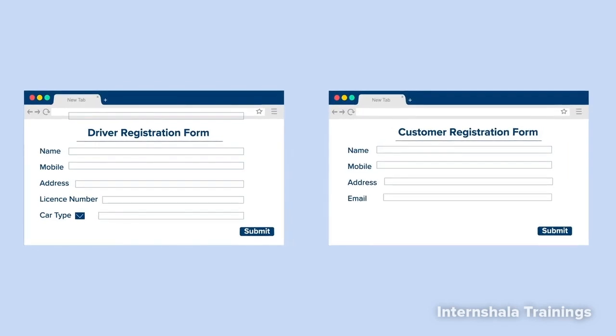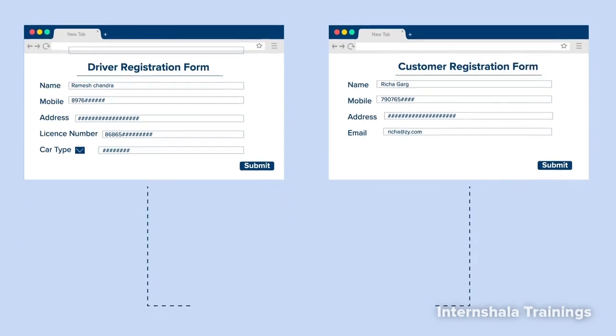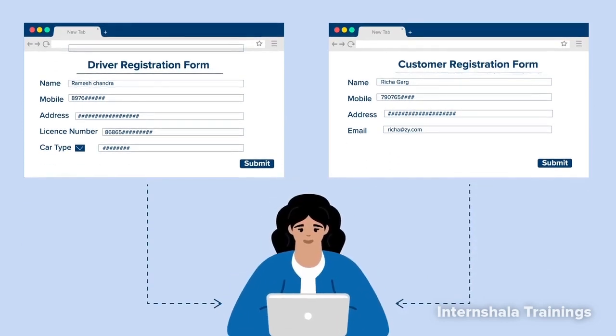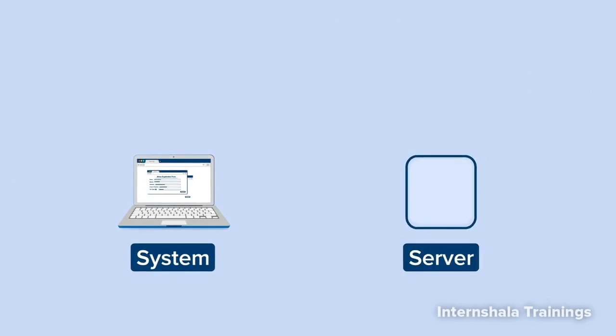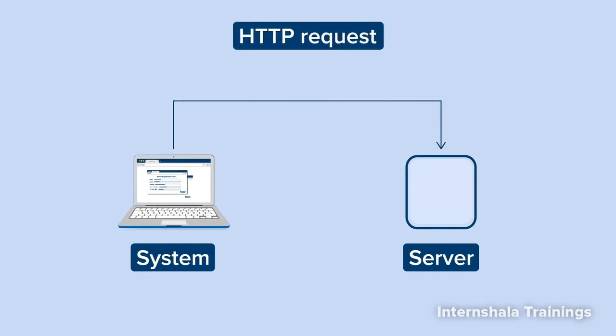So, every customer and driver who wants to use the services of this cab rental company has to first register themselves by filling up a form. Now, once the driver and customers submit the form, there must be a person somewhere who will manually execute SQL queries in order to insert the submitted data in a table. So here comes PHP into the picture. Whenever a new customer or a driver fills up and submits a form, a new HTTP request gets initiated, and this time for a PHP file.